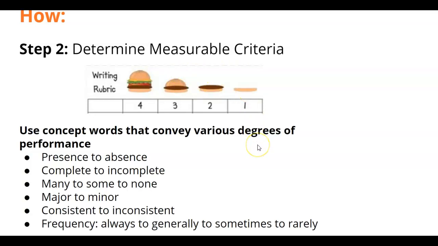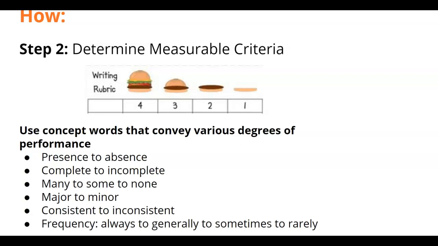Some of the ways that we might format our language is from the presence of something to the absence of something. Think like the chocolate chips, right? The presence of chocolate chips in every bite down to the absence of some chocolate chips. It might be helpful to categorize this on a spectrum from something that's complete to incomplete. Many of something to some to none of something.